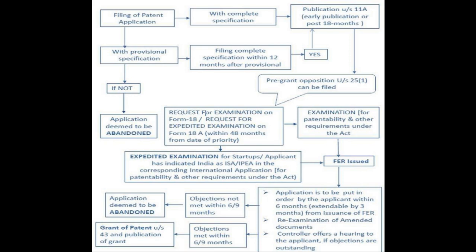Or it can be a complete specification application, and then it will directly go to the usual procedure. Then there will be publication, and after publication the pre-grant opposition phase will open. That means others can oppose your patent.